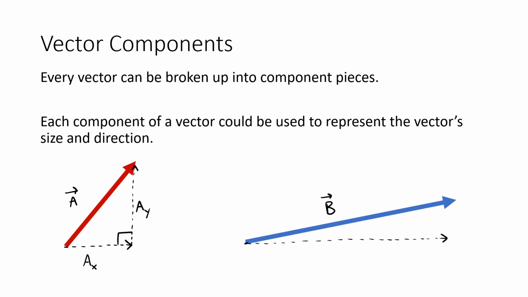So I'm trying to go completely flat. I'm going to call B sub x the horizontal bit of this vector. And if it were to have a vertical component, it will look like this. It's called B sub y.